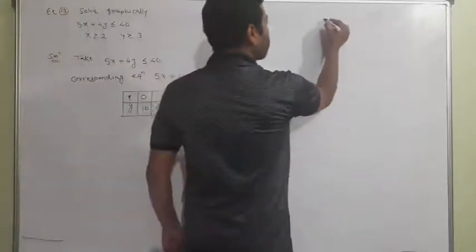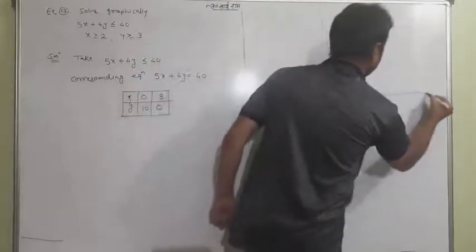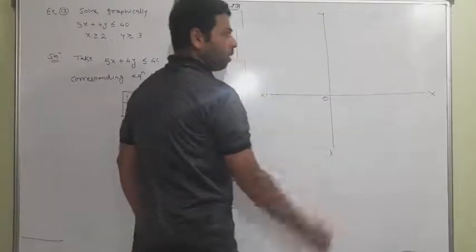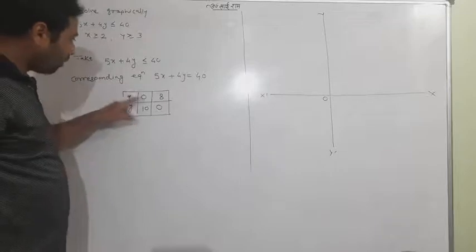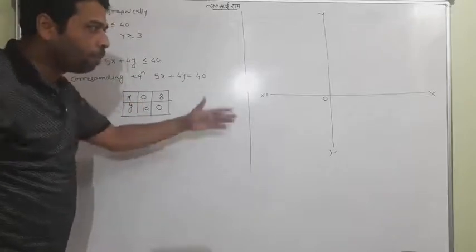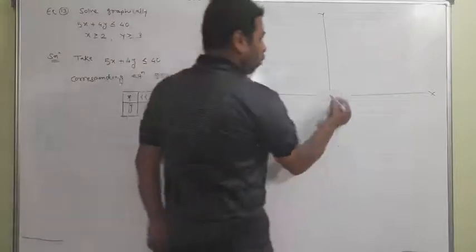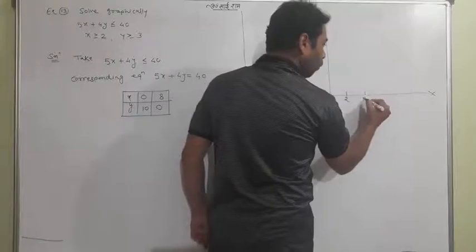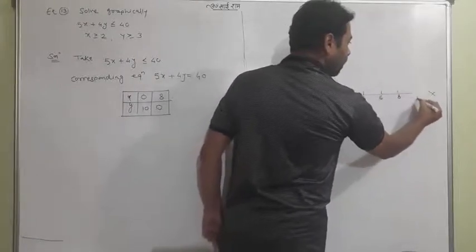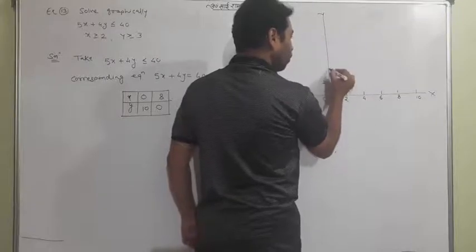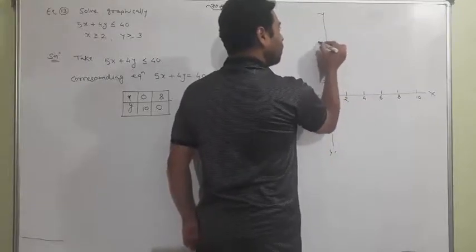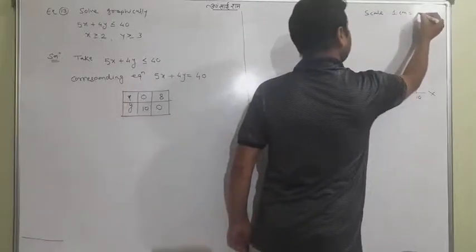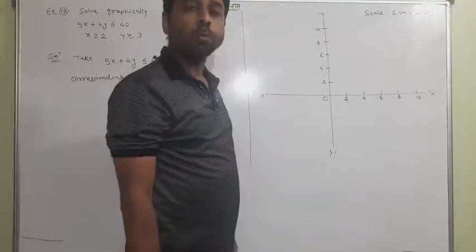Now we can start the picture. This is x and y, x dash and y dash, and we have to represent till 10. So we will manage to take the scale. We mark 2, 4, 6, 8 and 10 on each axis, and we write a scale here that 1 centimeter equals 2 units on both axes.